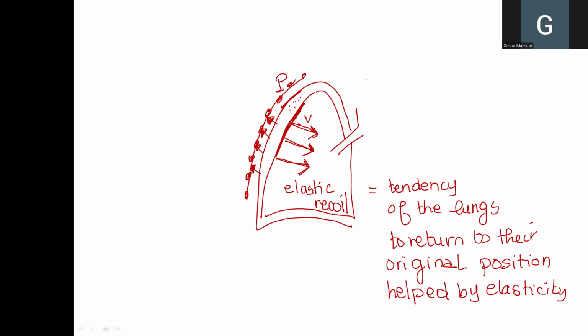So all the time you have two opposing forces, a force that pulls inwards and a force that pulls outwards. And this creates a negative pressure inside the pleural space.